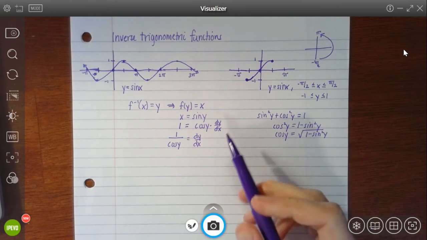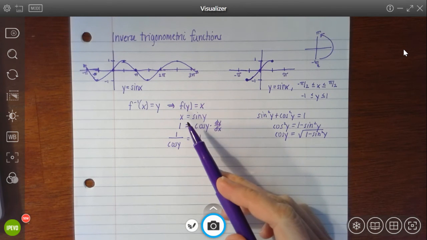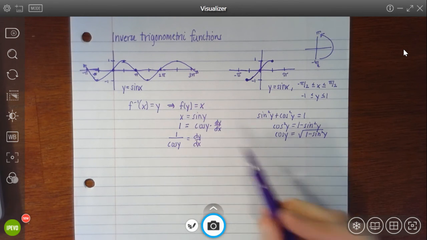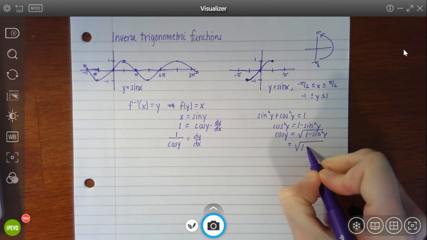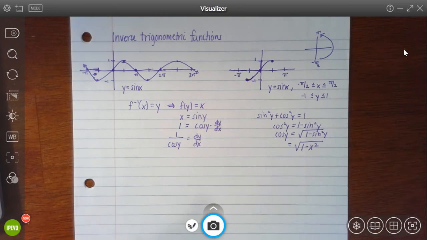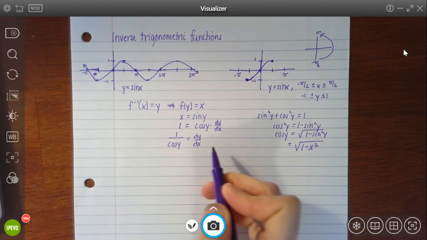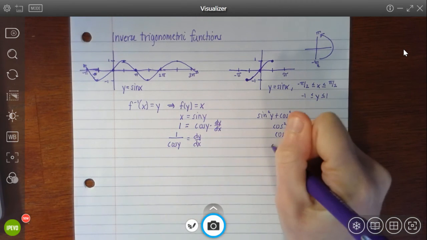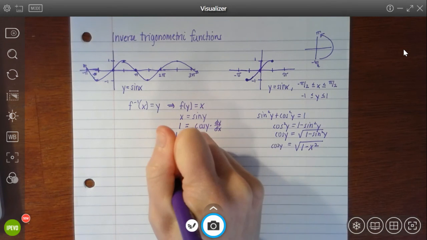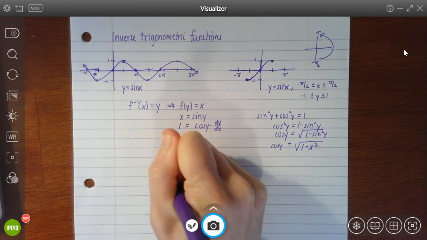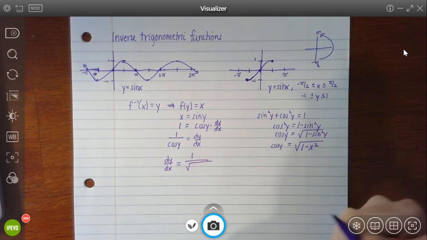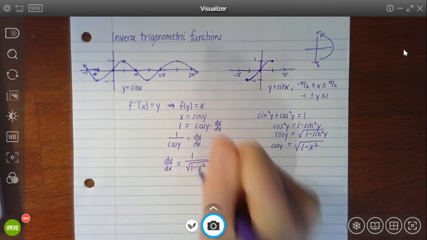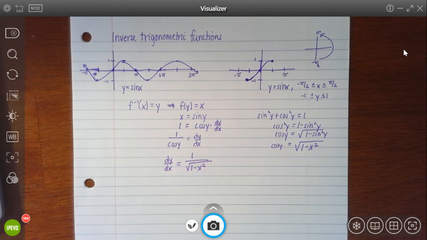And then another little trick here is we've already said that sine of y is equal to x, so we can go one step further and say that that's equal to the square root of 1 minus x squared. So we can go back over here, and if that's what cosine y is equal to, then our derivative is equal to 1 divided by the positive square root of the quantity 1 minus x squared.